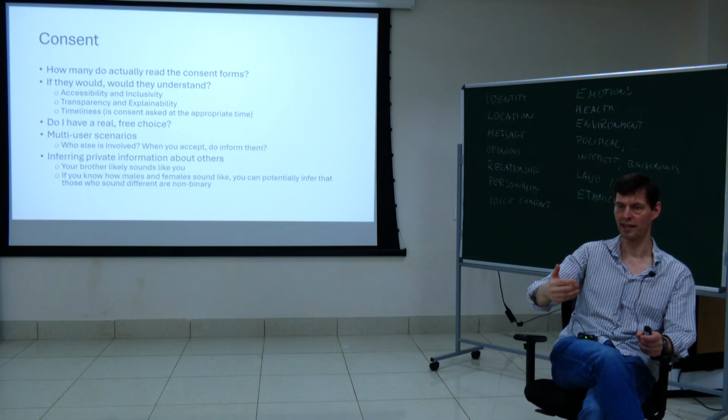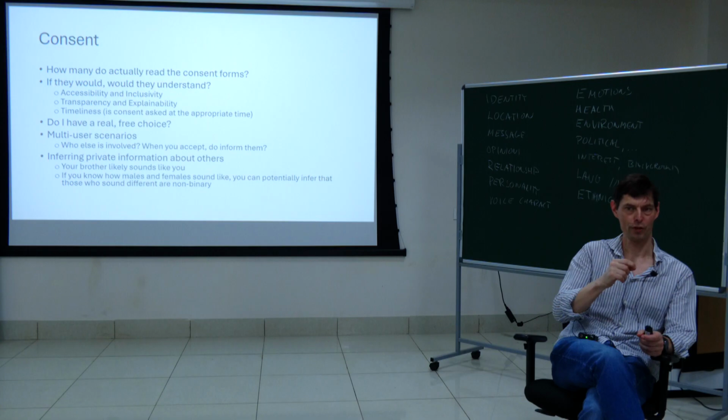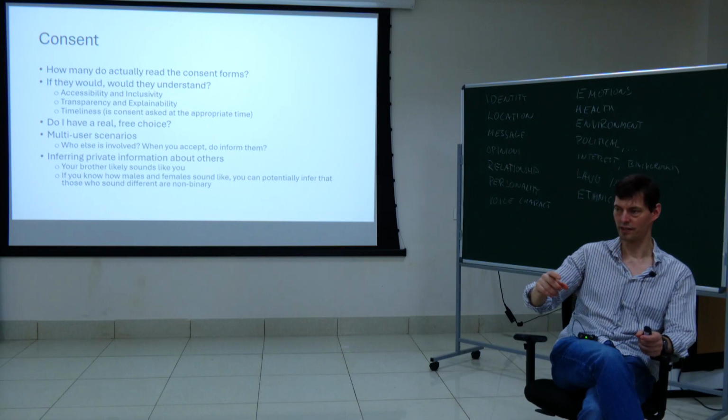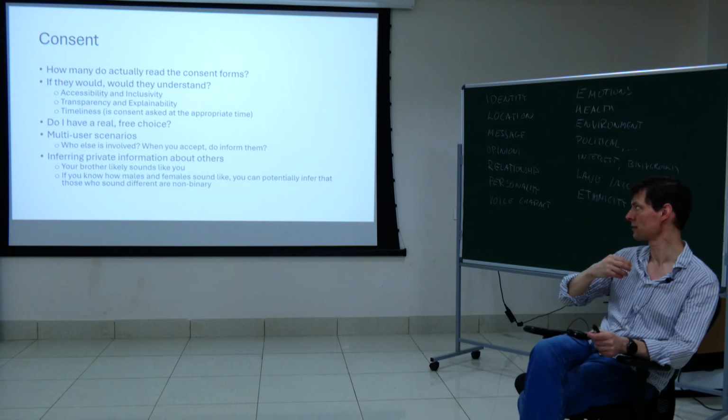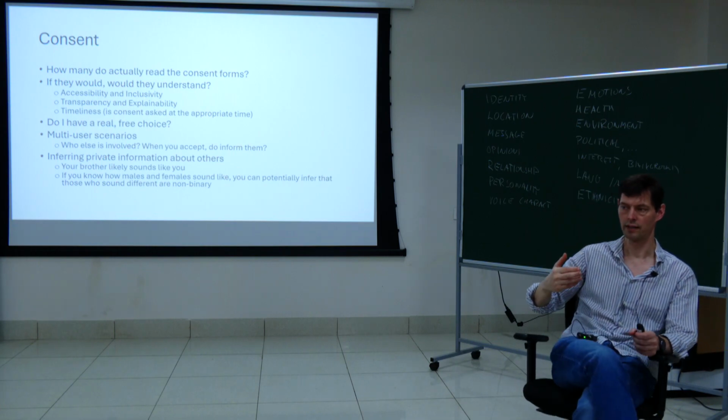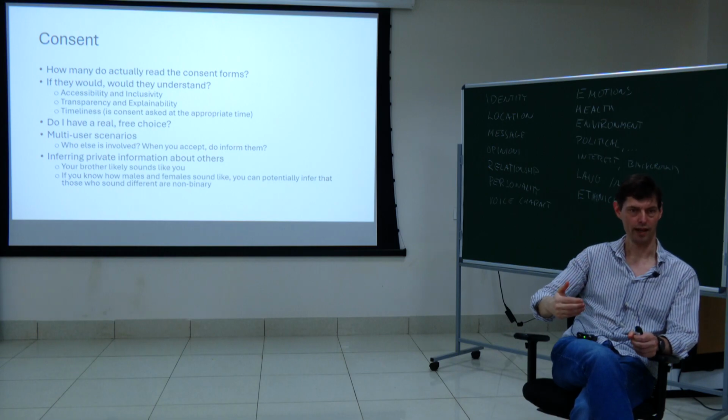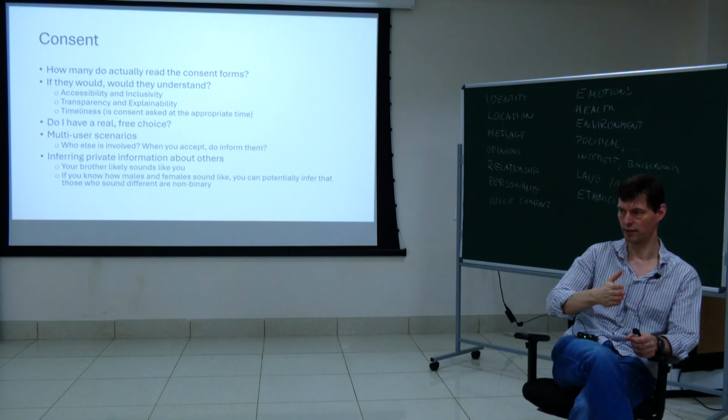Then it's very clear to me what the purpose is: I need to scan the invoice, and that's why it needs a camera. So it's clearly connected, it becomes transparent and explainable to me that the consent is needed for a particular purpose, and it's connected in time to that purpose.